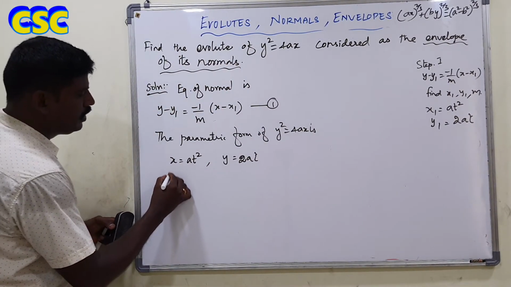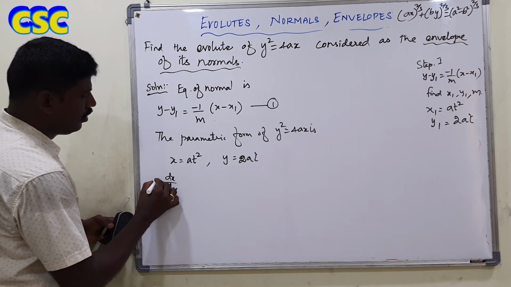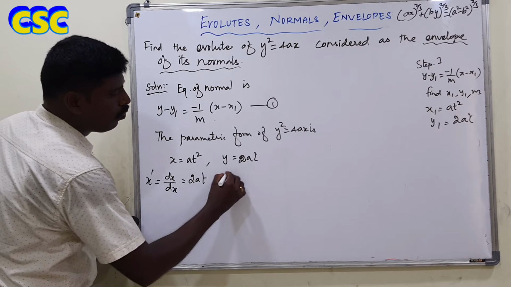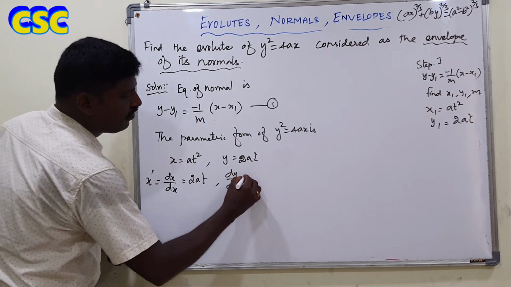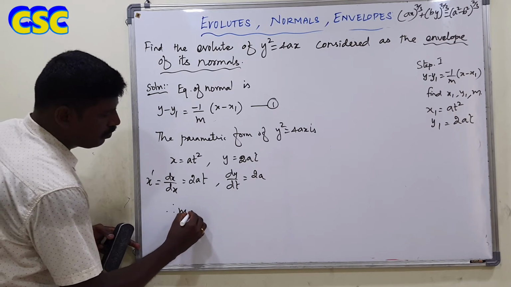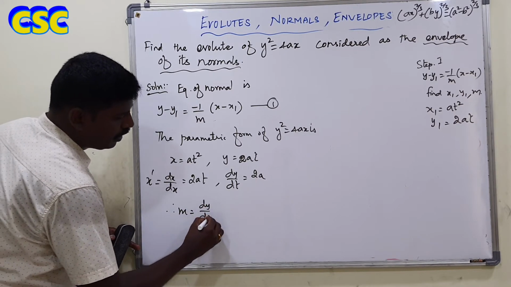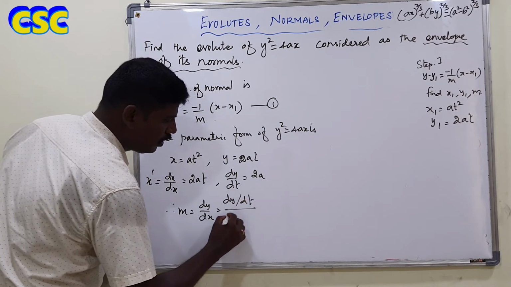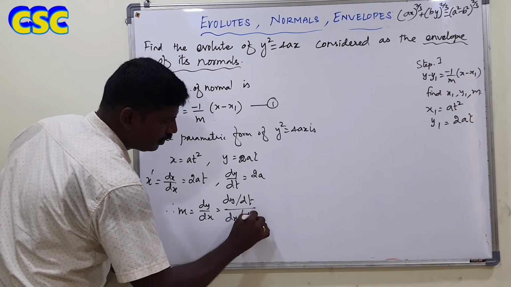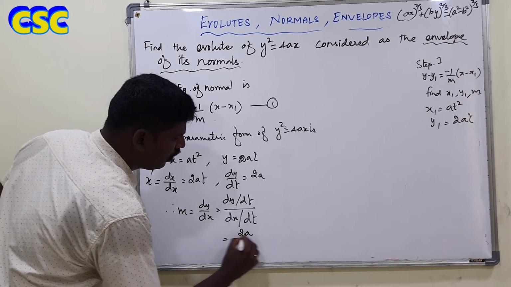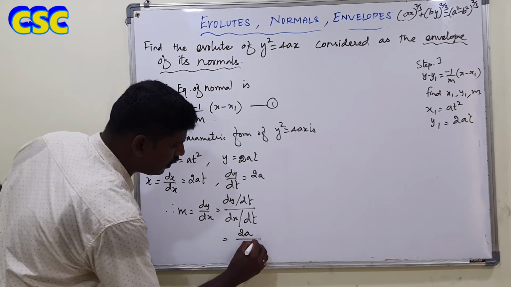What is dx by dt? This is nothing but 2at. What is dy by dt? Differentiating y with respect to t, 2a. Therefore, what is m? M is nothing but dy by dx, that is equal to (dy by dt) by (dx by dt). dy by dt is 2a and dx by dt is 2at.